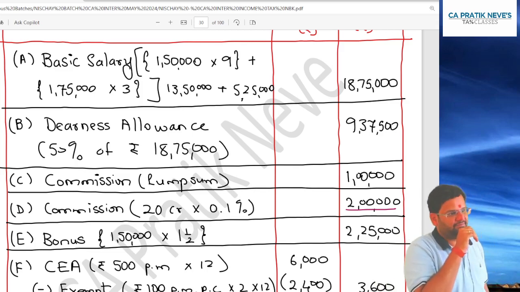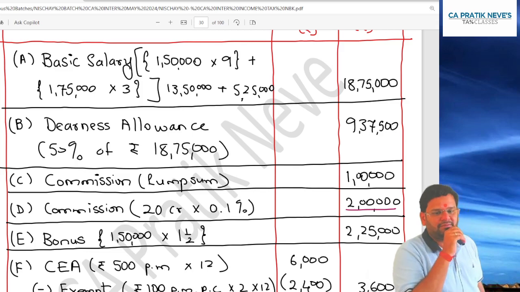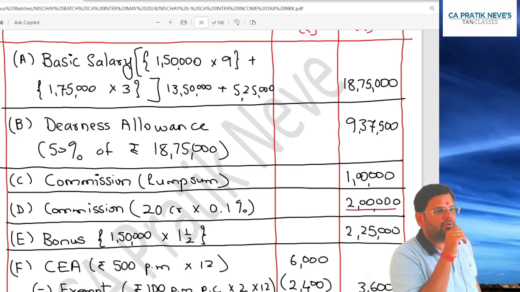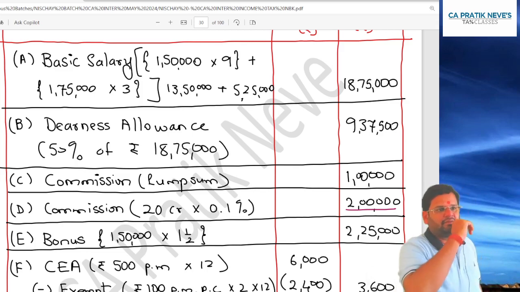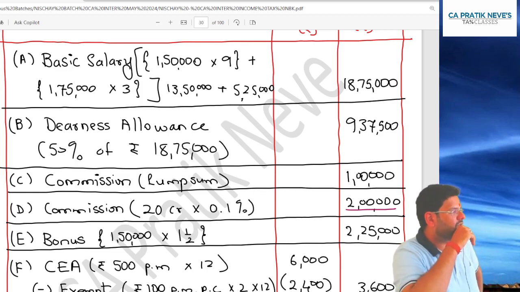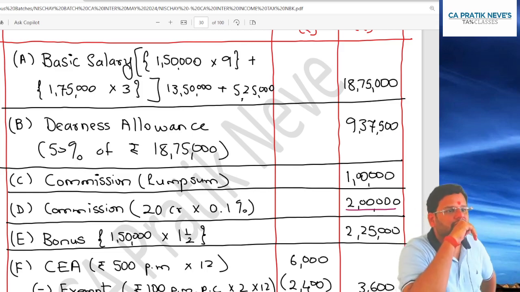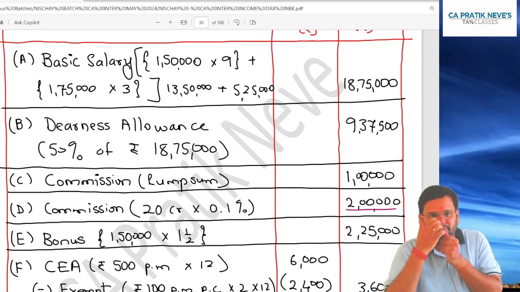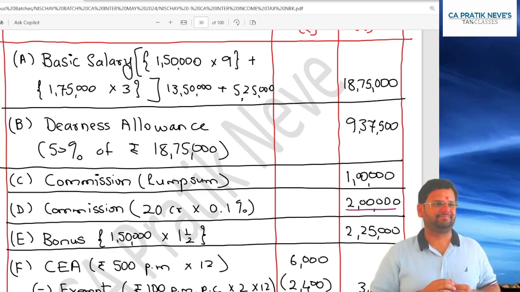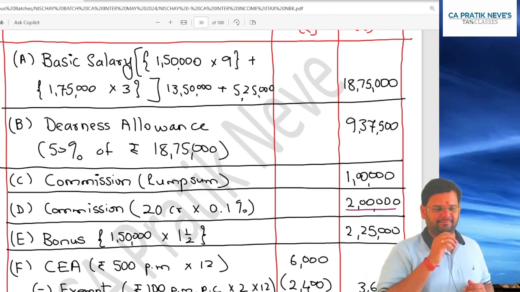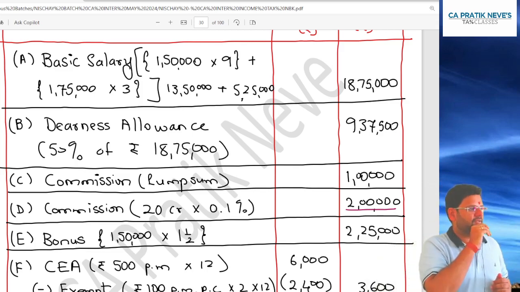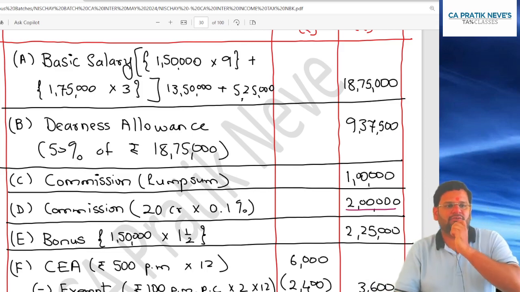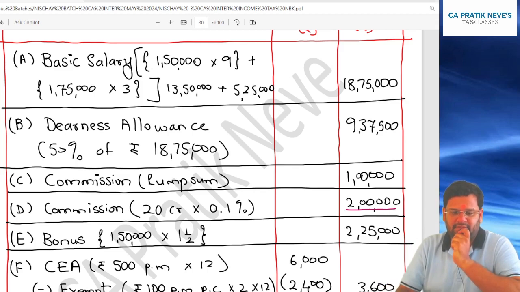So, basic salary. In bracket, write 1,50,000 into 9, close the bracket, plus 1,75,000 into 3. So there is no possibility of you sleeping in the class because every moment you have to solve. Check on your calci, you get a figure of 18 lakh 75,000 in the second column. Shall we go ahead?